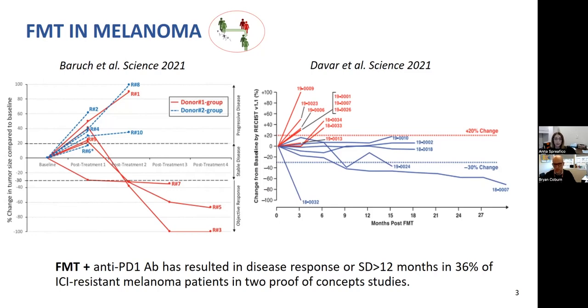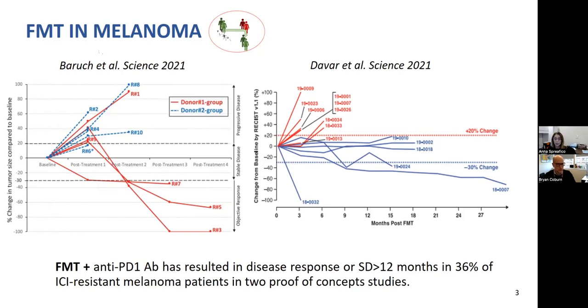In this trial, patients received antibiotics for 72 hours prior to the fecal microbiota transplantation. And in this study, 2 patients had partial response and 1 patient had complete response out of the 10 who underwent this treatment. If we're looking on the right side, the right graph, this is a study led by the Pittsburgh group that evaluated the safety and efficacy of responder-derived fecal microbiota transplantation and anti-PD-1 in, again, PD-1 refractory melanoma patients.